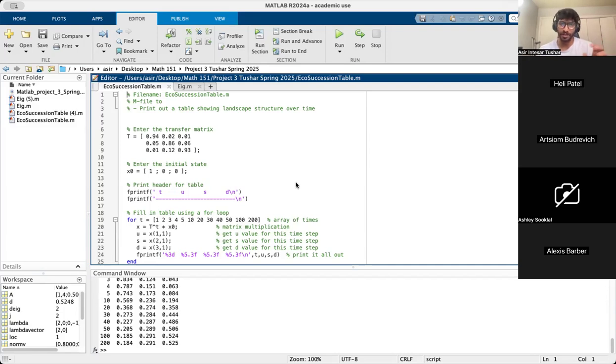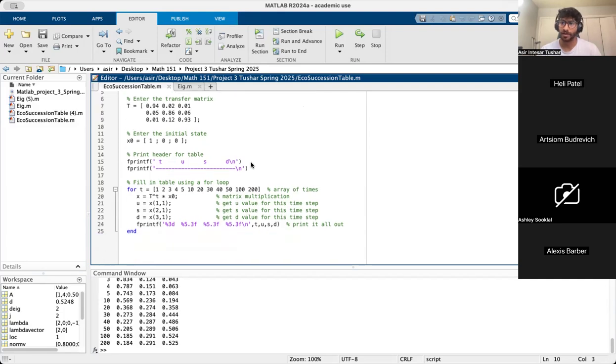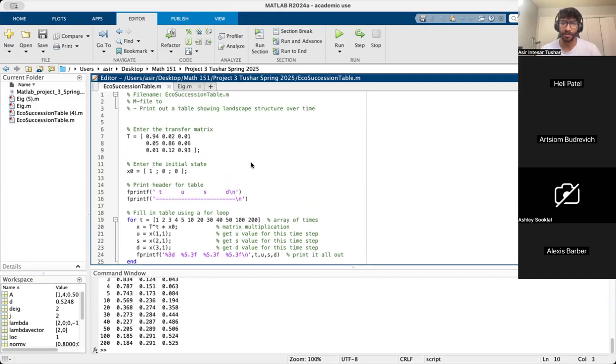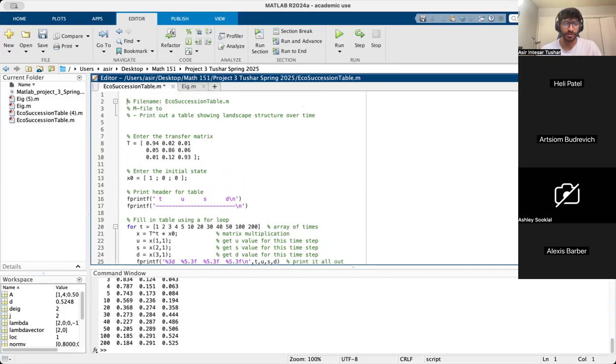And to find that, you have to use the first .m file, which is called eco succession table. Here, obviously, you have to write your name. I'll still upload another smaller video, which will tell you more about this. Write your name here.